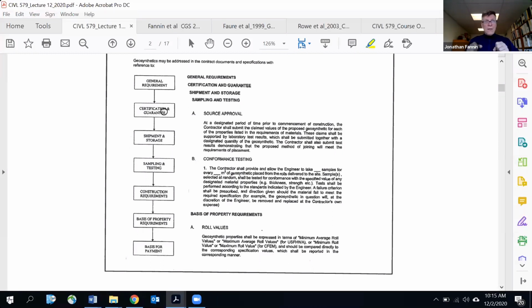For example, that geosynthetic, let's call it geotextile type A, manufactured by this company at this location, has these claimed material properties. And then there may be statements within the specification document for shipment and storage.